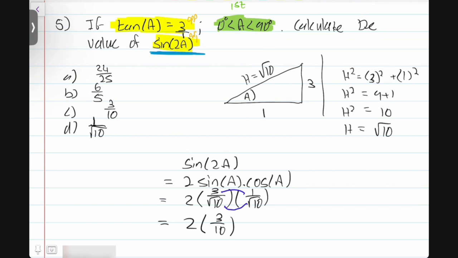Now here, we're going to have 2 times the 3, which gives us 6 over 10. And our answer is then going to simplify into 3 over 5. Now, okay, I made a mistake here. This was supposed to be our answer, it was supposed to be 3 over 5 here.